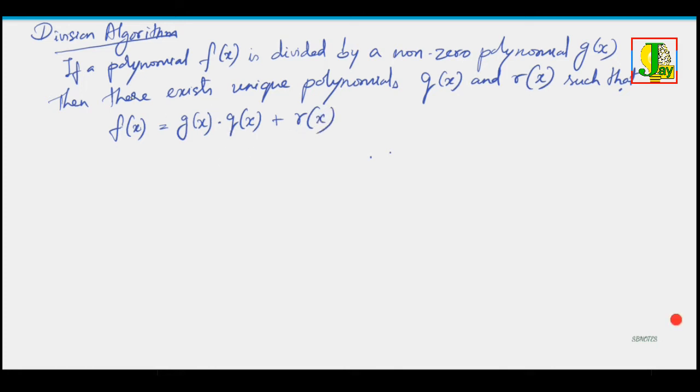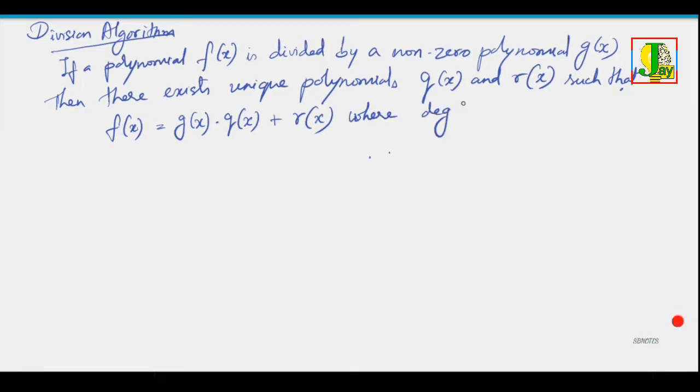If a polynomial f(x) is divided by a non-zero polynomial g(x), then there exist unique polynomials q(x) and r(x) such that f(x) equals g(x) into q(x) plus r(x), where the degree of r(x) is less than the degree of the divisor, that is g(x), or r(x) can be 0.